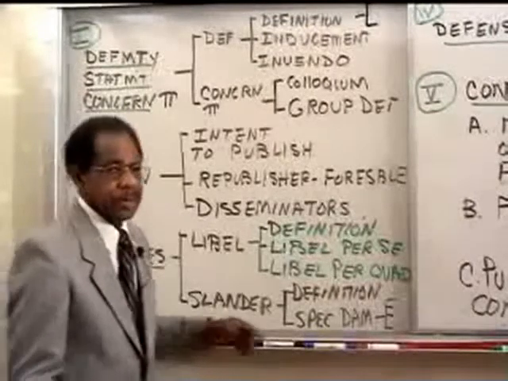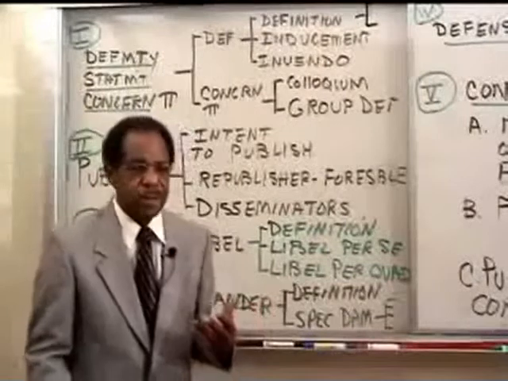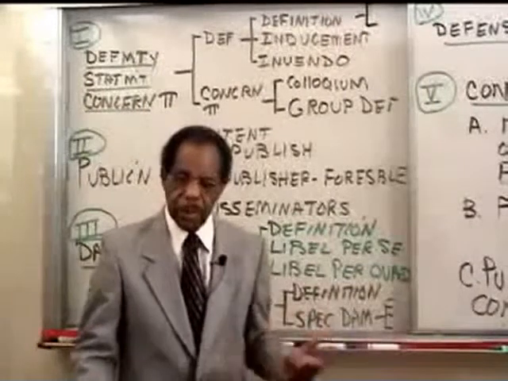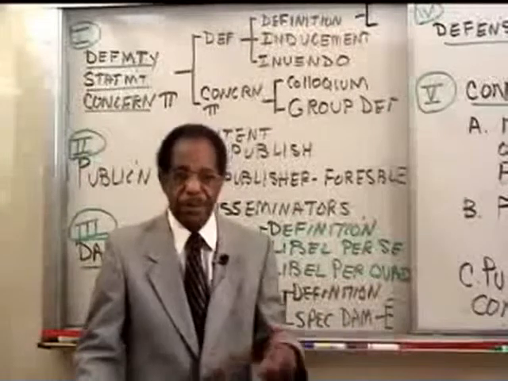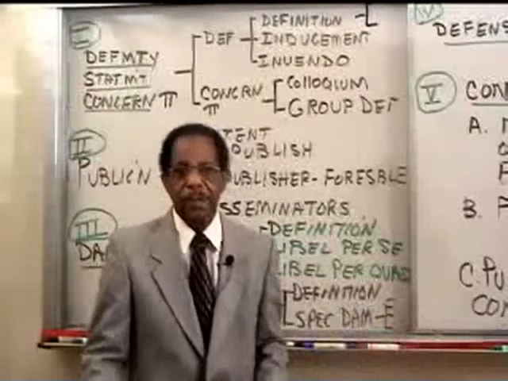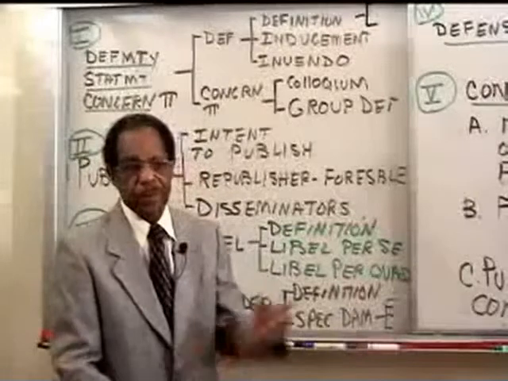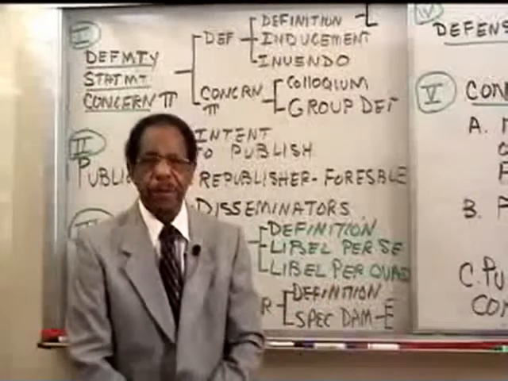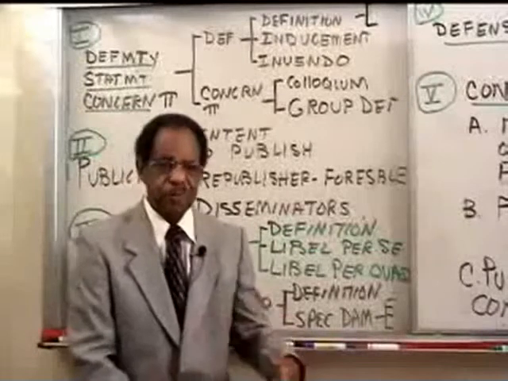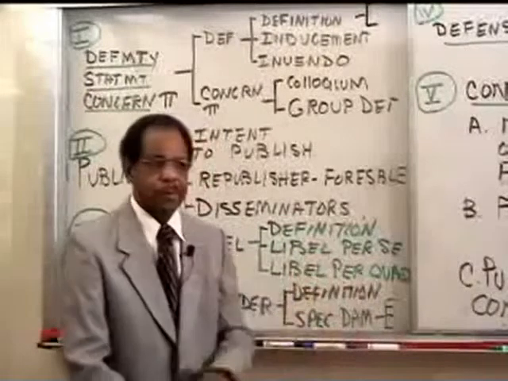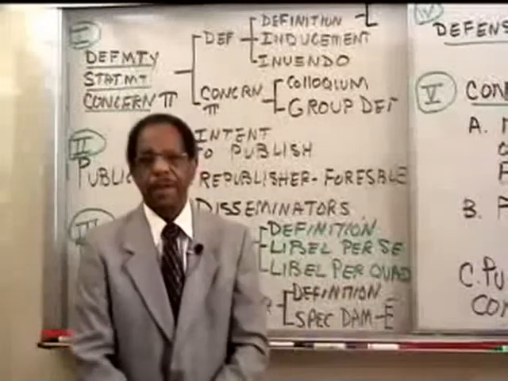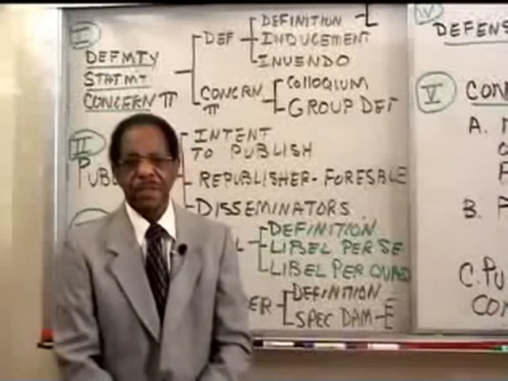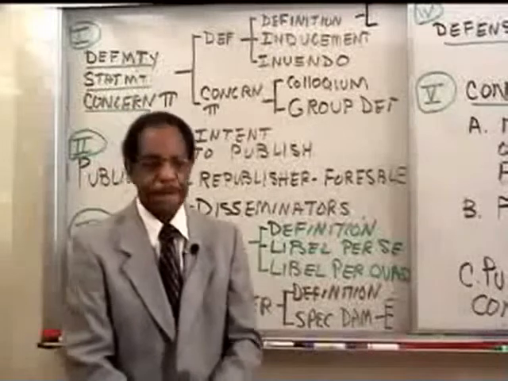But the rule is that these disseminators, of course, are not liable unless they know that the statement is defamatory and they're purposely further disseminating it. But just selling a newspaper, this never gets tested because the rules are kind of fuzzy. But the general rule is that the disseminator is not liable unless they know about the defamation.